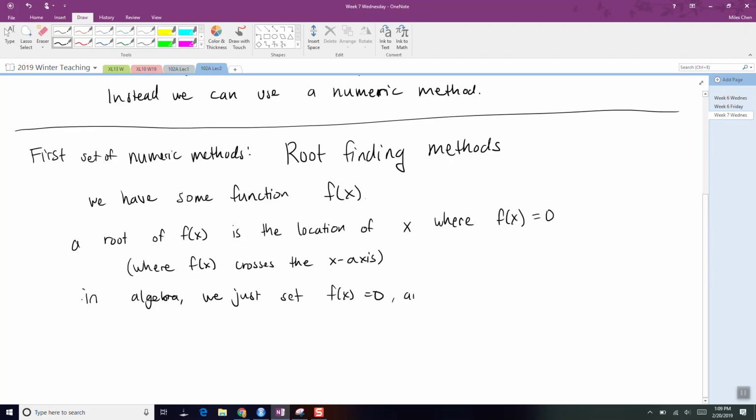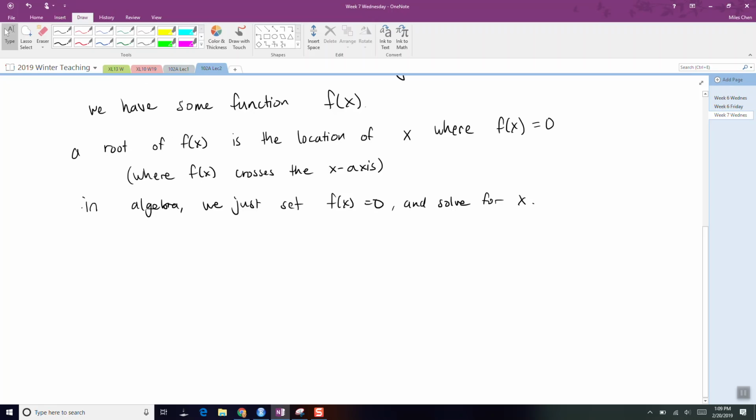Instead, since computers can't do algebra, we will estimate the root with a numeric method.